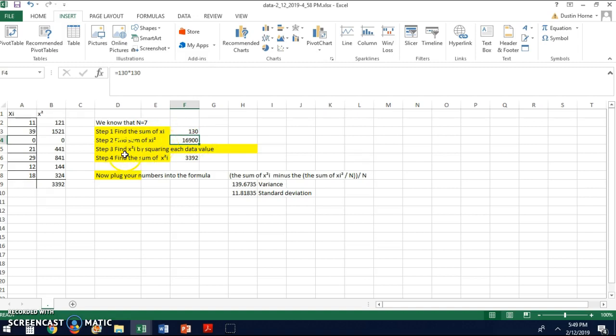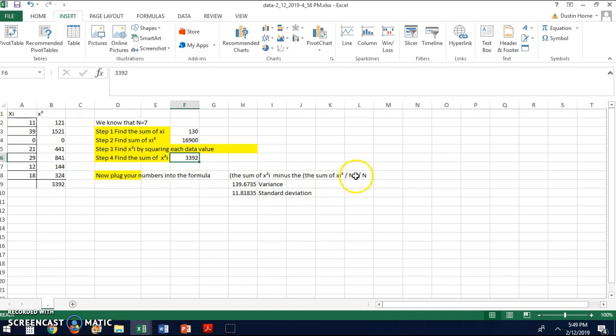Now we're going to find the sum of x squared i. We're going to square each data value. So each xi value, we're going to square it first, and then we're going to add those up, and that's how we get the sum of x squared i.